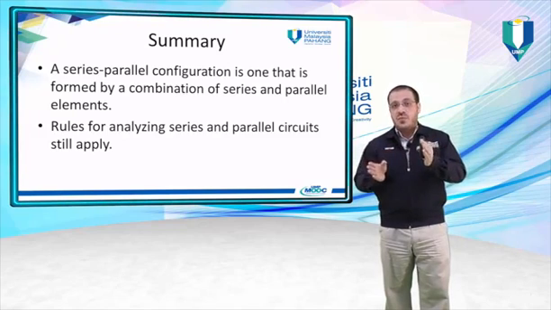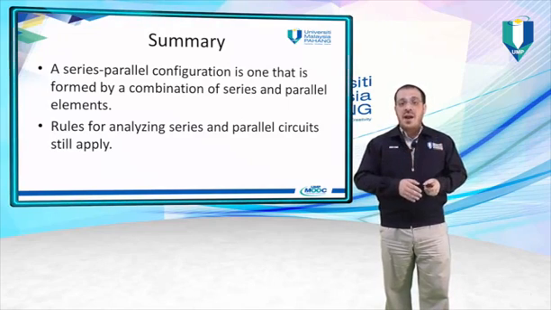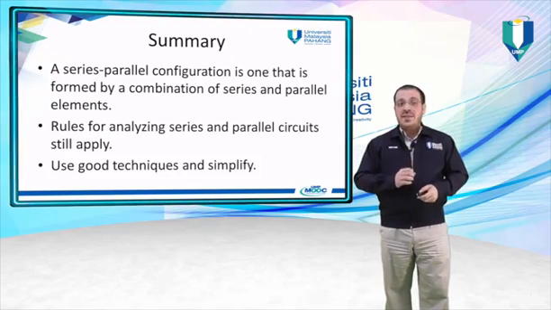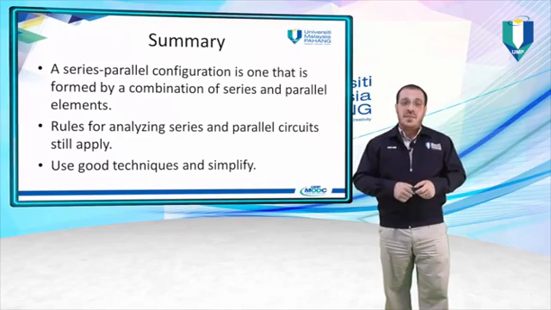Where we find series, we apply the series rules. Where we find parallel, we apply the parallel rules. Finally, always practice good techniques and try to simplify your solution whenever you can. Always try to work step by step. Don't find RT all at once from the beginning. Find RT for parallel elements and for series elements, and combine them step by step.